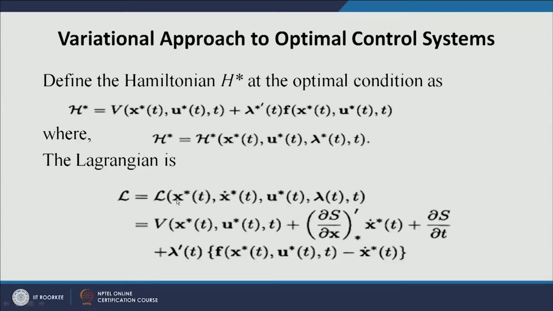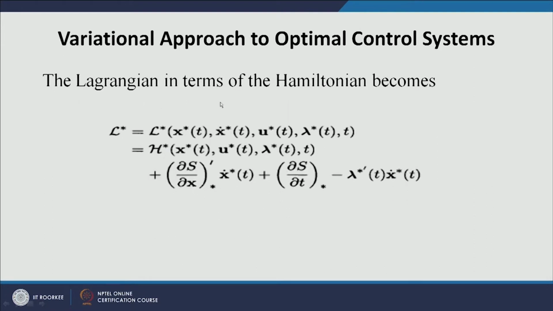We already have defined our Lagrangian as v plus del s by del x, x dot t plus del s by del t, which is nothing but the integrand inside the integral cost function, plus lambda prime, and this representing my g. So, what we can do? We can define our L in terms of the H.